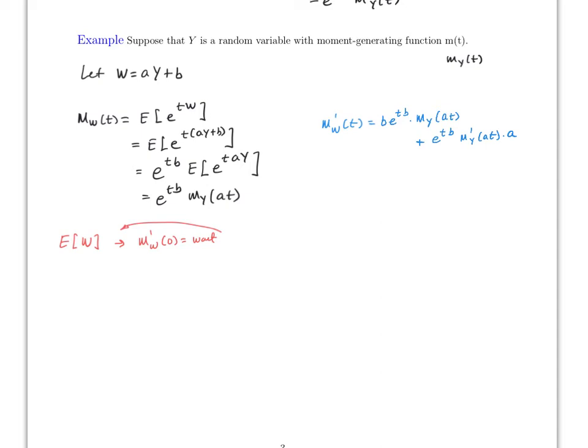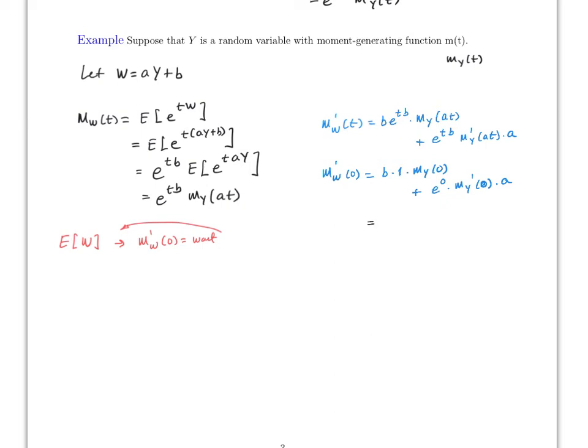So therefore, if we do m w prime evaluated at 0, this will be b times 1 times m y evaluated at 0, plus e to the 0, which is 1, times m y prime of at, but at will just be 0, and then it will be times a.